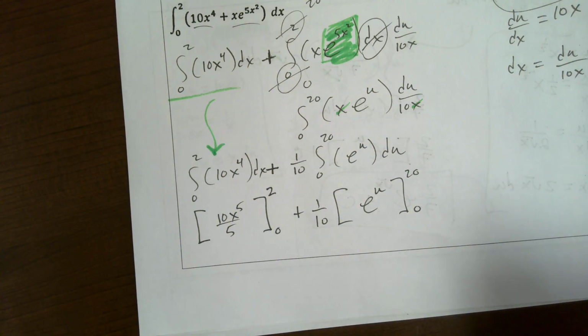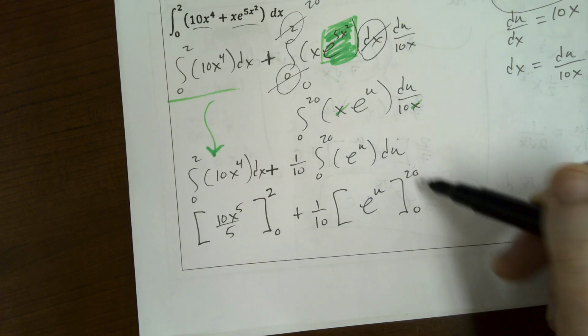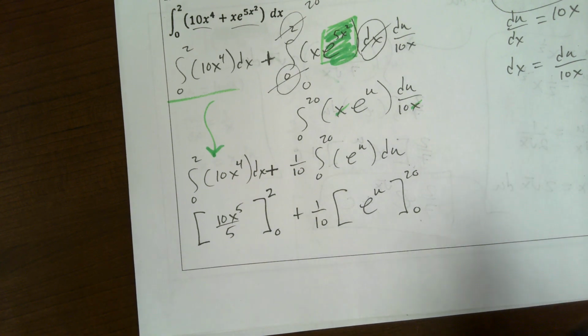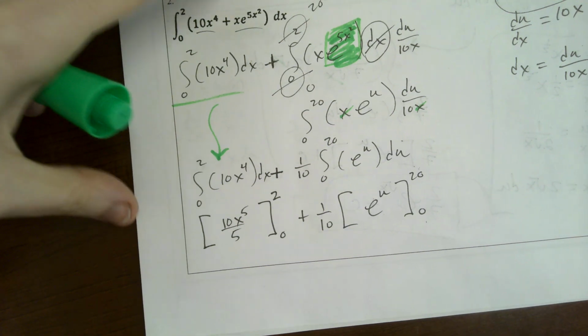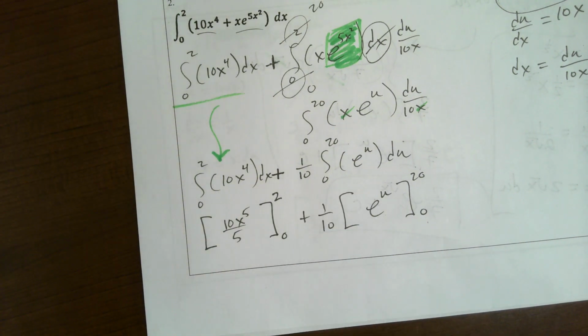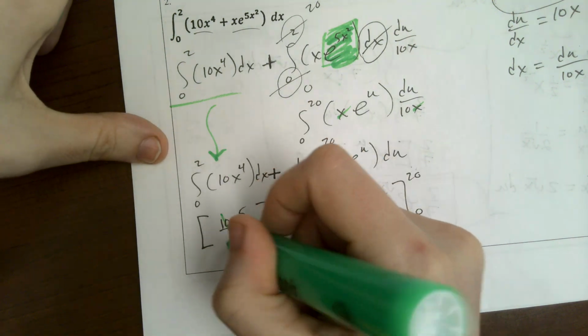Guys, I know that we've done a lot of indefinite integrals before this. You are not plugging the u back in. We changed these endpoints to u values, so there's no need. We don't have to plug the u back in. So this here, that's 2.